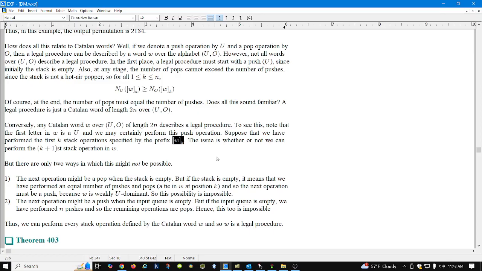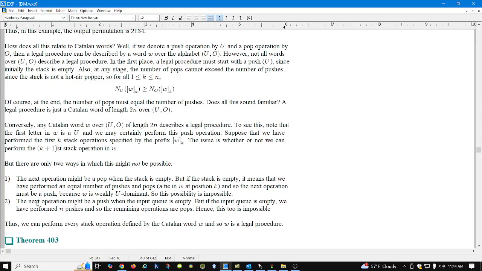But if the stack is empty, it means we've performed an equal number of pushes and pops up to that point, in other words, through the kth position in the word, which means we have a tie in that word at position K. Well, because the word is U dominant, the next operation has to be a U, a push. So this possibility that we're trying to do a pop when the stack is empty cannot occur.